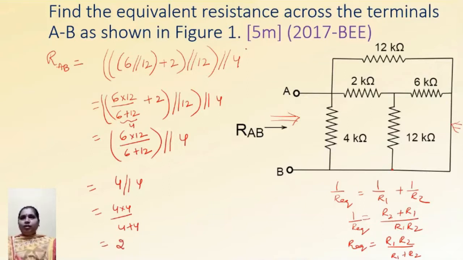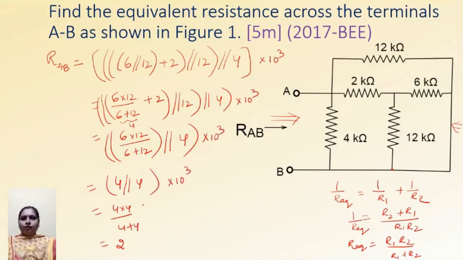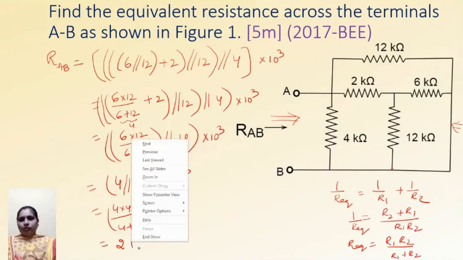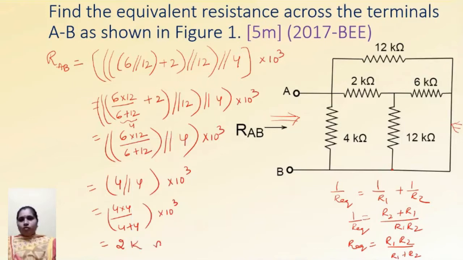As we have taken kilo as common for everything, it will be kilo ohms. Okay, so the resistance across the AB terminals is 2 kilo ohms.